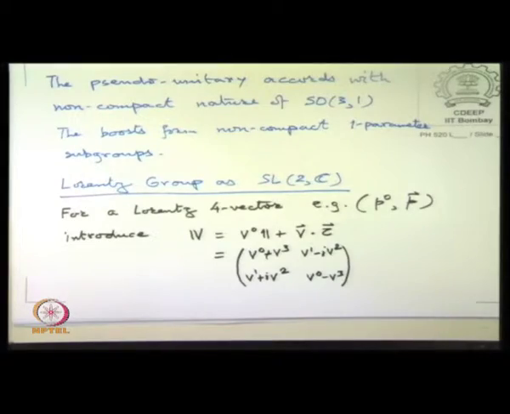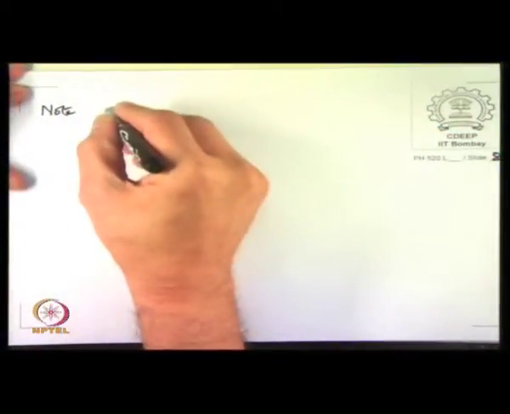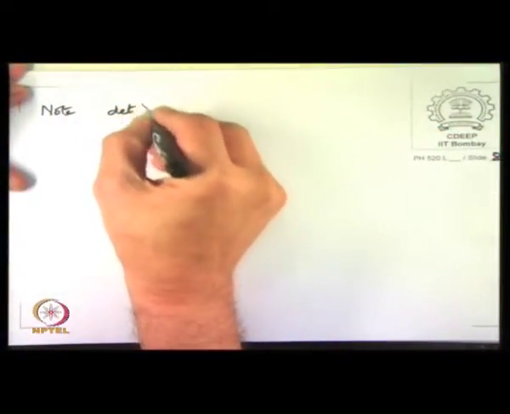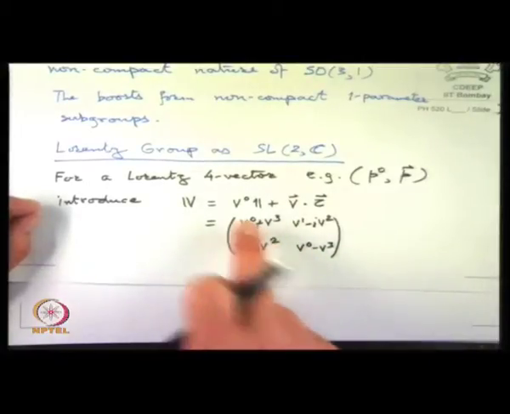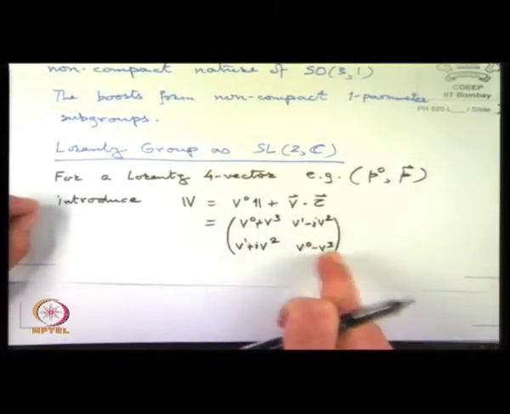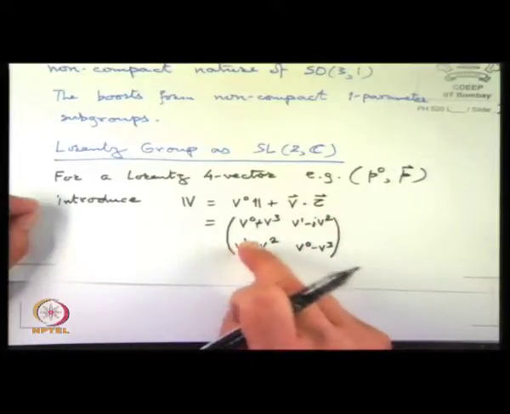Now the interesting thing is that if you take the determinant of this matrix, then you actually get the Minkowski norm. So note det V is actually equal to, take the determinant, so you get this times this, which is V0 squared minus V3 squared, and this product is V1 squared plus V2 squared but with minus sign.